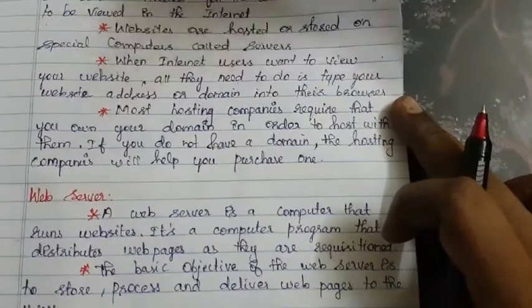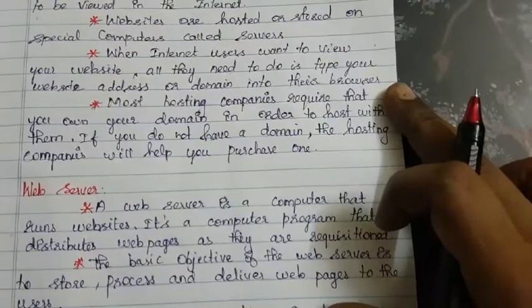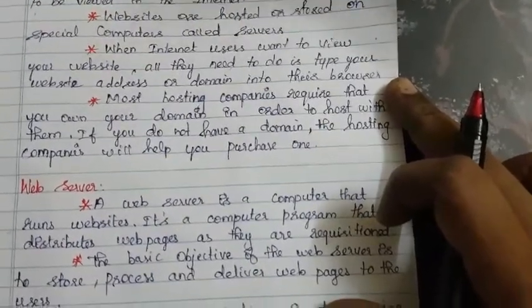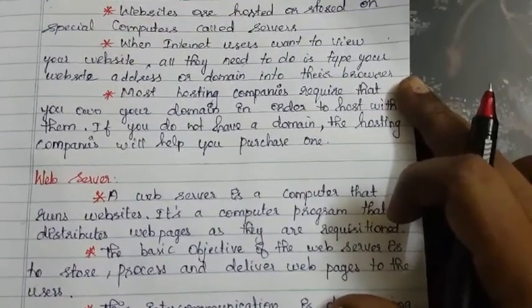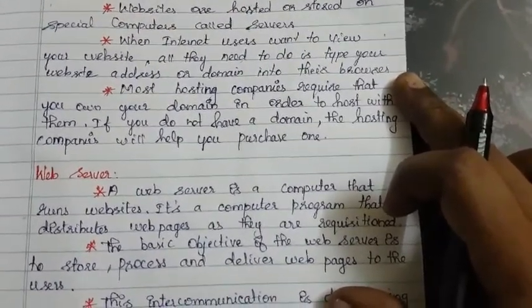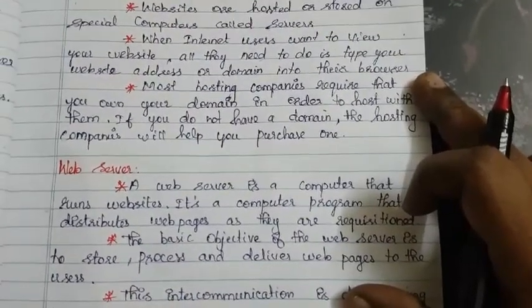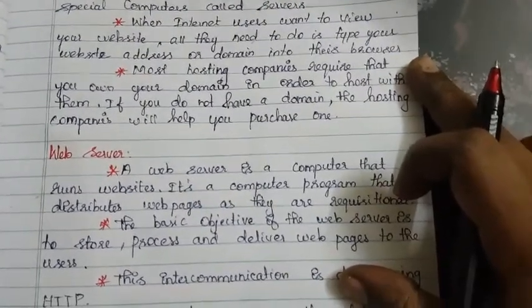Most hosting companies require that you own your domain in order to host with them. If you do not have a domain, the hosting companies will help you purchase one. If you have a domain name, then anybody can come and view your web pages or websites.